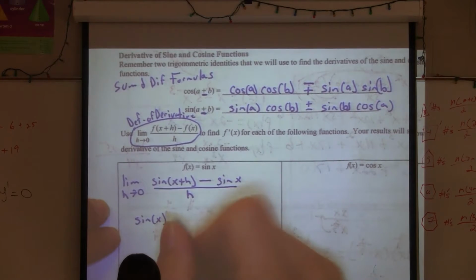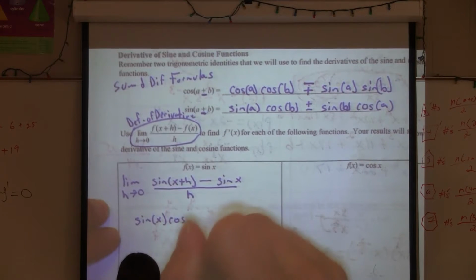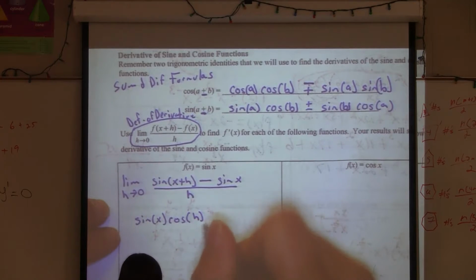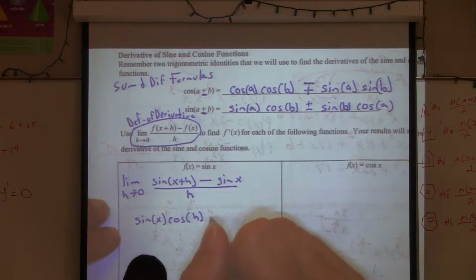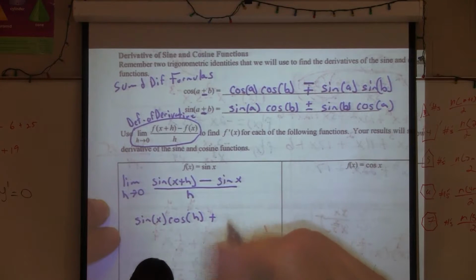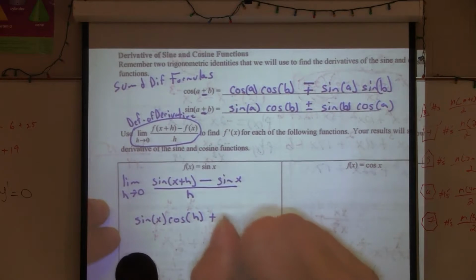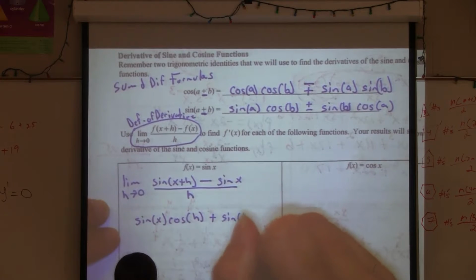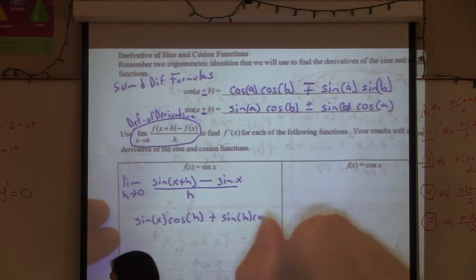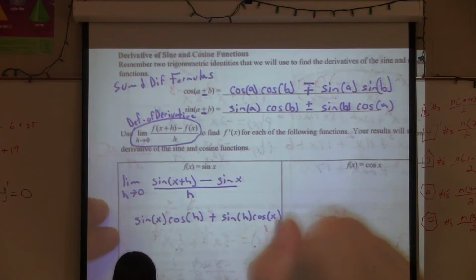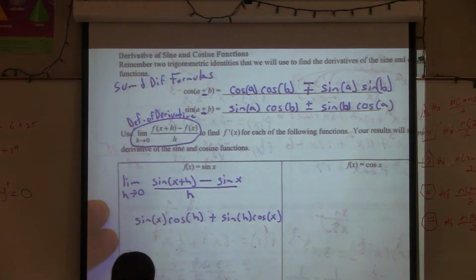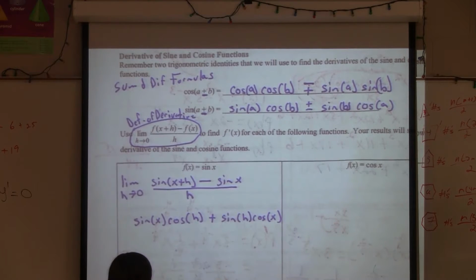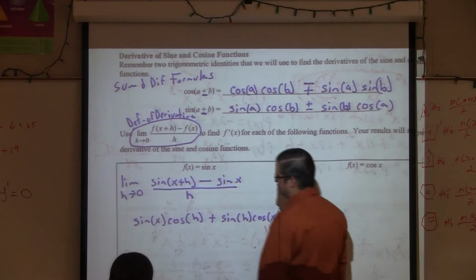So what am I going to write? Sine of x cosine of h. Plus or minus? Plus. Sine of the second letter, h, cosine of the first letter. But it's x plus h.